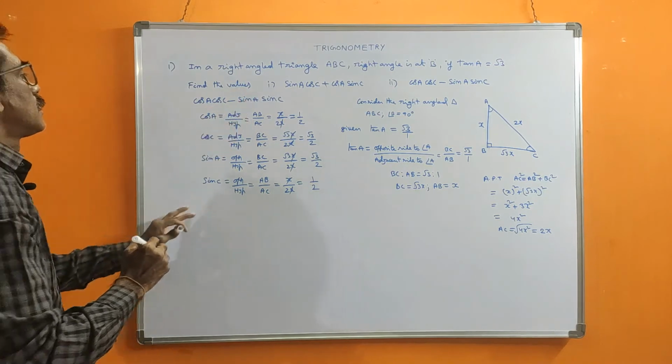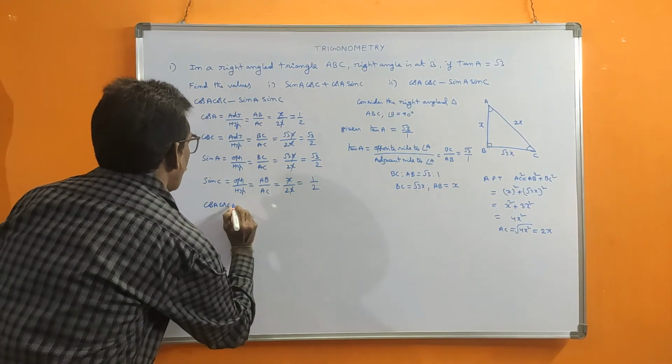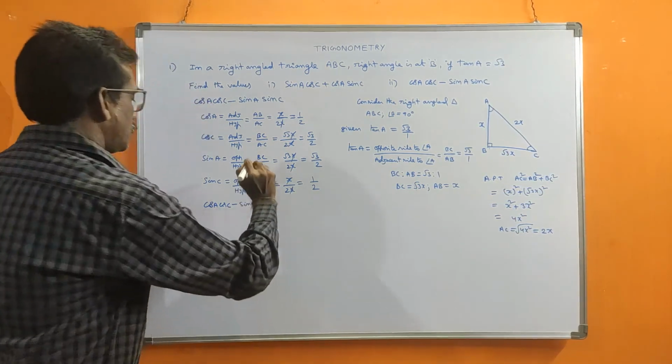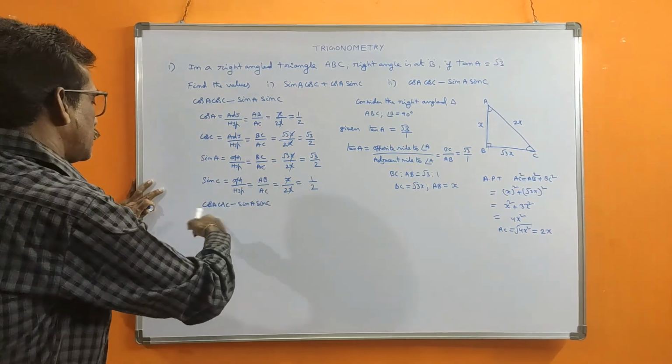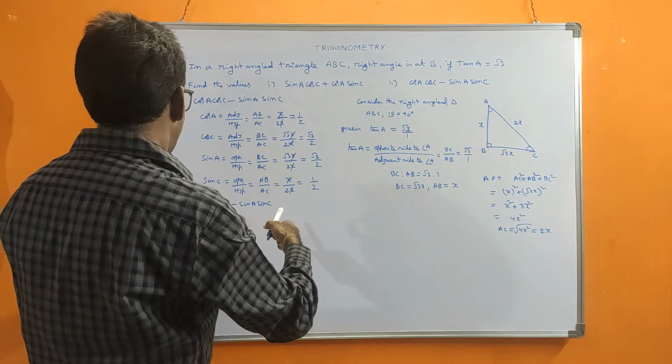Now for the total sum, take it for substitution: cos A cos C minus sin A sin C. That is the problem. Now in this expression we substitute the values.